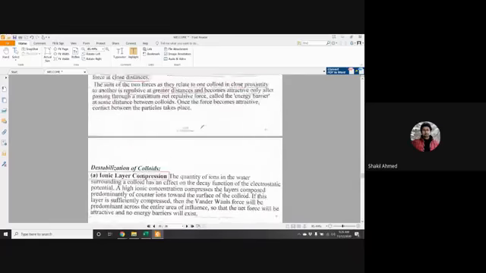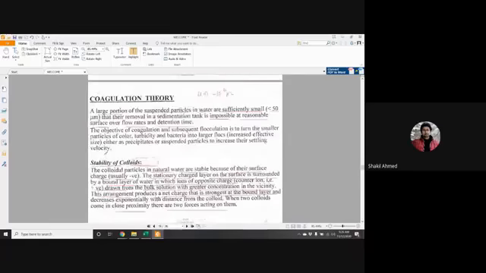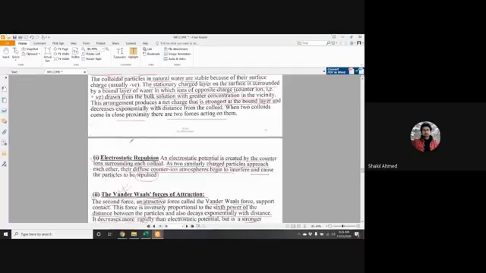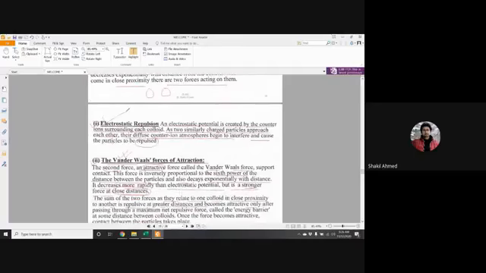now we have learned how the colloids become stable in water. We learned that when two colloids come close to each other, then two things happen. One is electrostatic repulsion, and the other one is van der Waals forces of attraction.